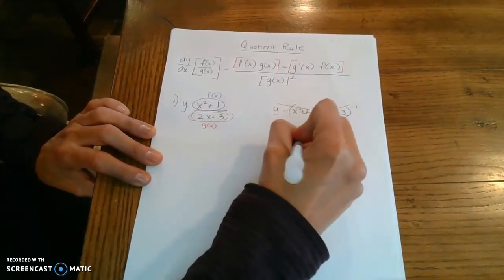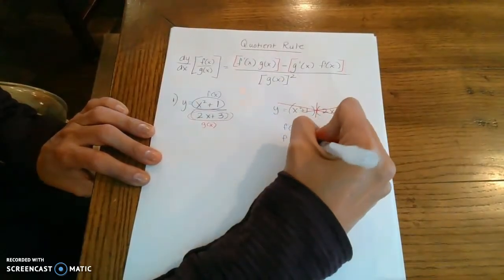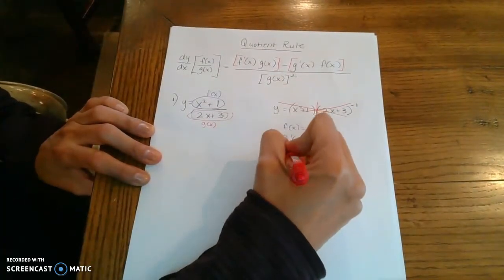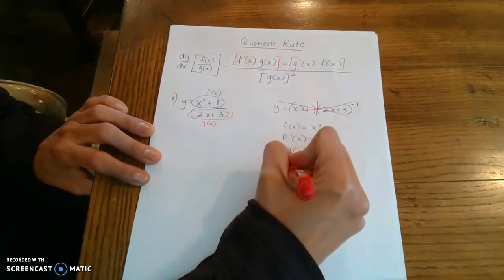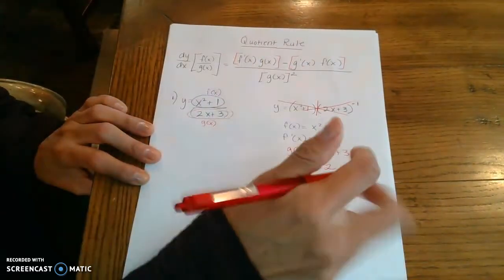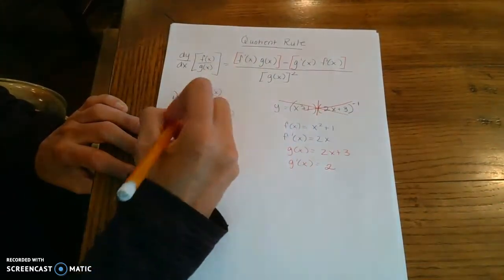The derivative of the first function is 2x. Then g of x, we just said, was 2x plus 3. And the derivative of that is 2. So now I have all the pieces I need. I'm ready to go in and take the derivative.